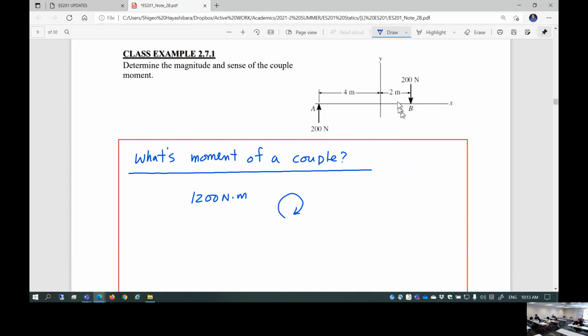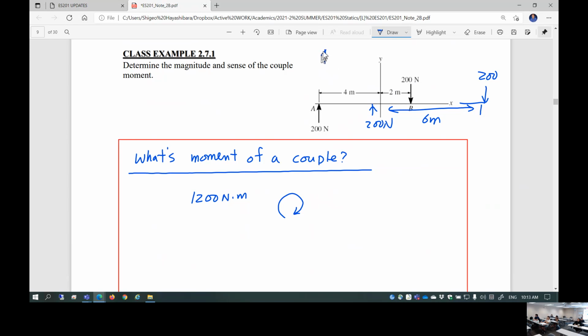Suppose you move this around, let's say the force is here and here. What is the moment of a couple? Suppose I move it, all of a sudden this is 200 Newton, this is 200 Newton, everything shifted, but the distance away is still 6 meters. What is the moment of a couple created by those two forces? Same.